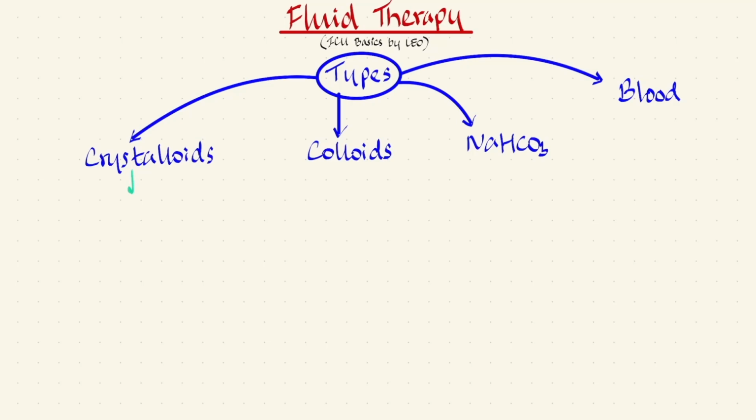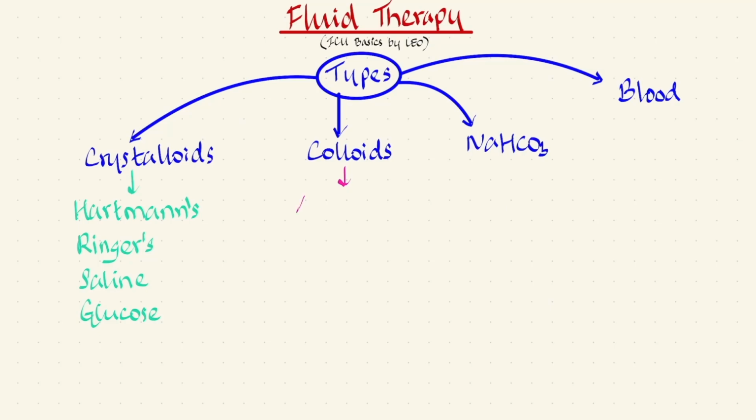What are crystalloids? They include balanced crystalloids, for example, Hartmann solution, Ringer lactate, saline, such as 0.9% normal saline, 0.45% half-strength saline, and 3% hypertonic saline. Glucose, like 5%, 10%, 20%, or 50%.